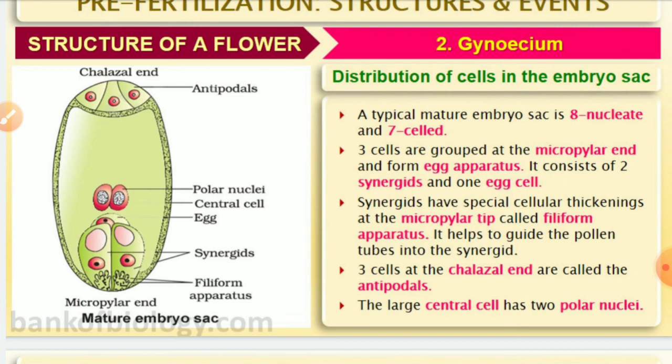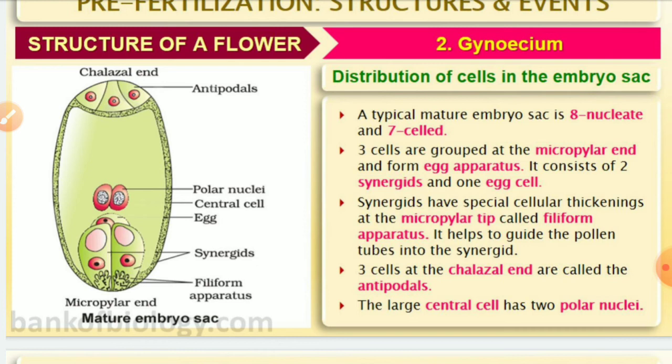Now why is it known as 7 celled? Because the two polar nuclei combine together and are considered as one cell. Three cells are grouped at the micropylar end and form the egg apparatus. It consists of 2 synergids and 1 egg cell.